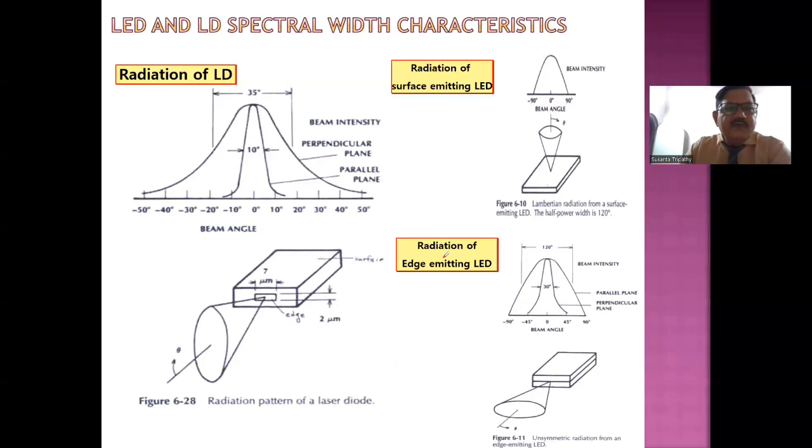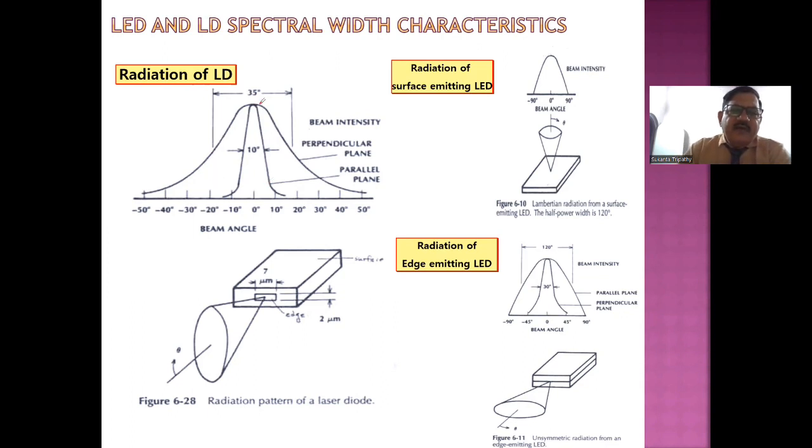Now, if you see the radiation from the laser diode, there will be two different planes, because this laser diode is something similar to the edge emitting LED, as I mentioned in my last lecture. So there is a distribution of intensity in the parallel plane, and the distribution of intensity changes in the perpendicular plane.